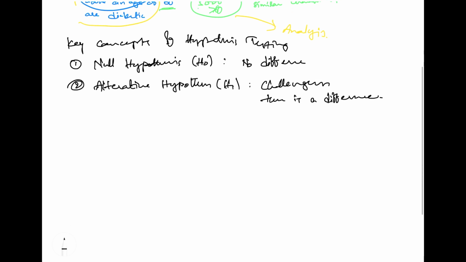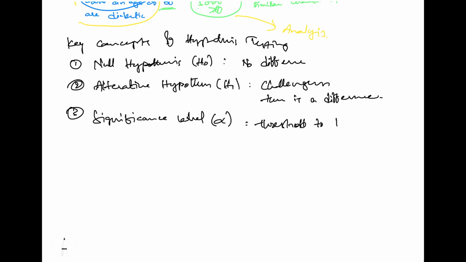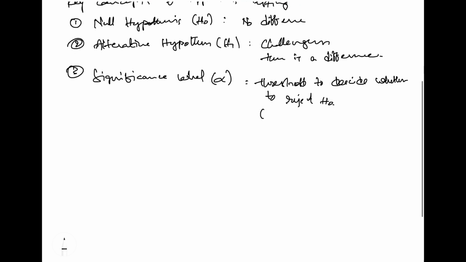Right. Now, another thing is the significance level, which is denoted as alpha, and it is a threshold for deciding whether to reject H naught, the null hypothesis. Commonly, the accepted level is 0.05 or 5%.